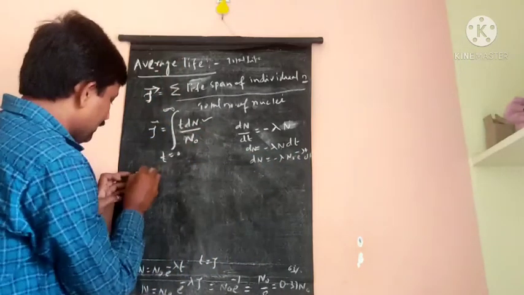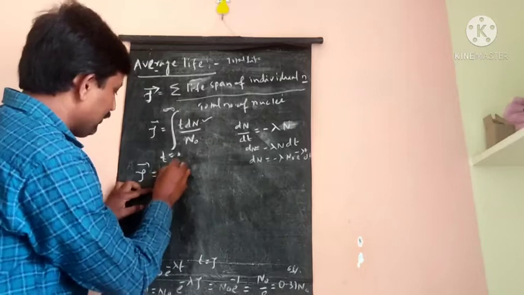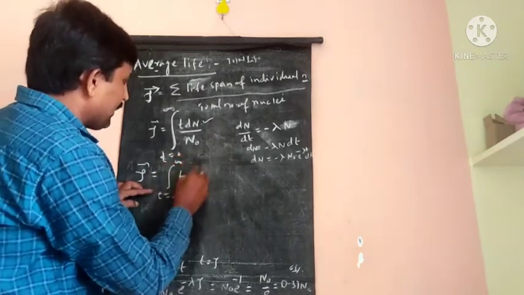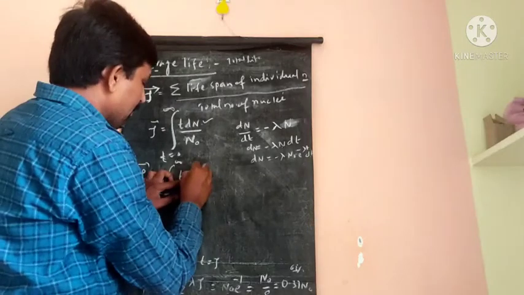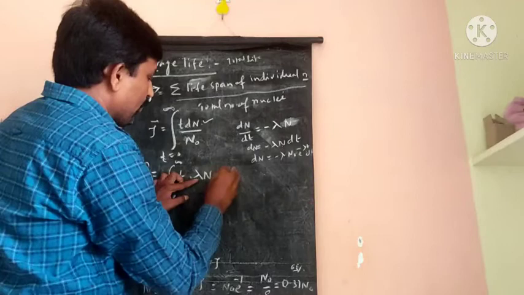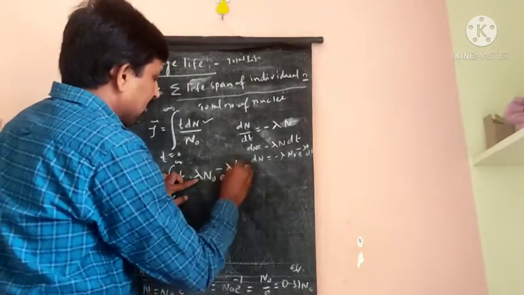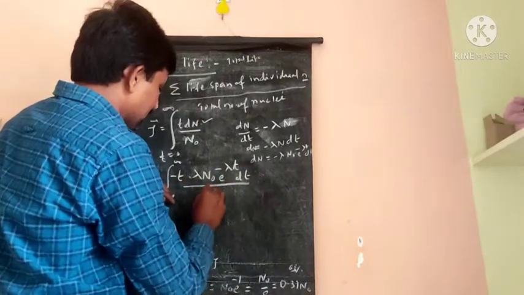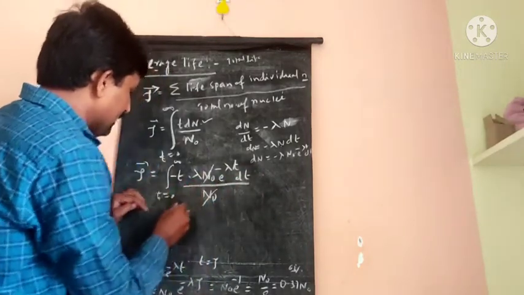Substitute the value of dN here. So from t is equal to 0 to infinity, small t times minus lambda N naught e power minus lambda t dt, divided by N naught. So N naught gets cancelled.